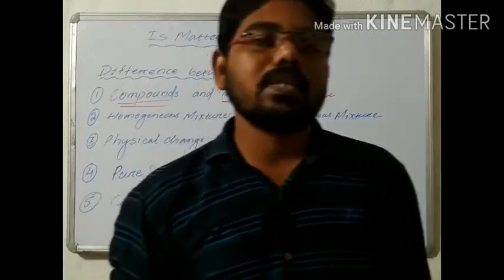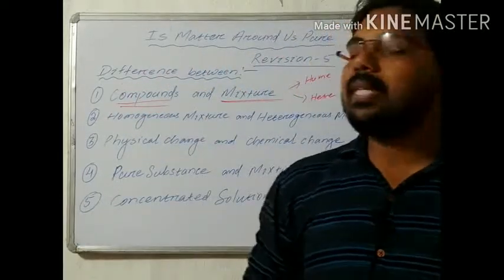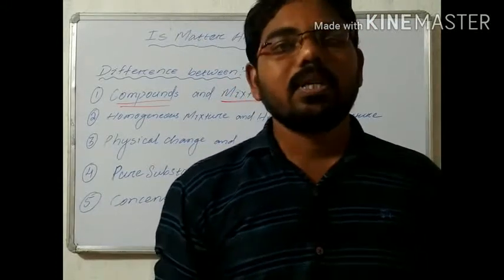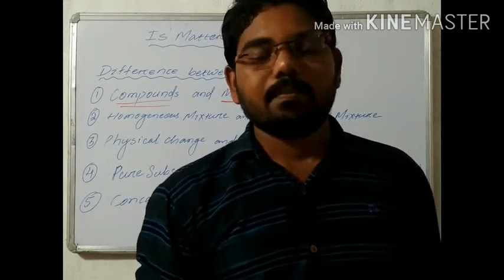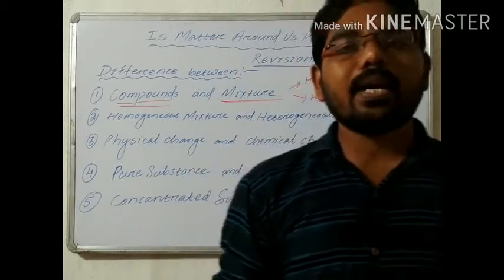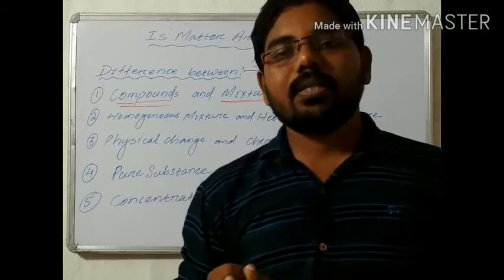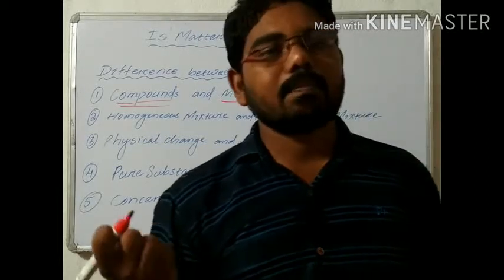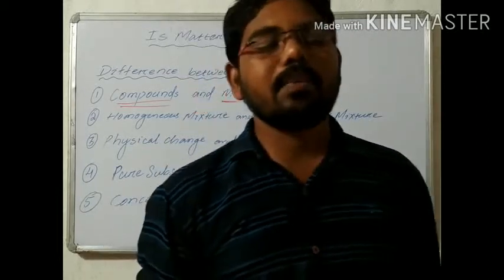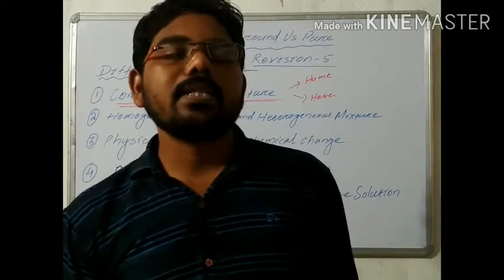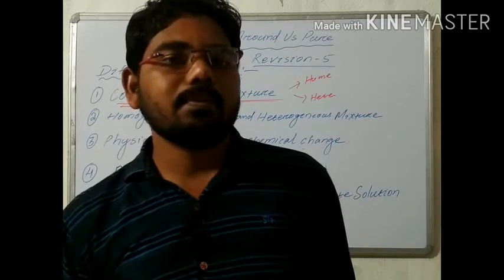When we build a building, we mix cement, sand and stone, and that also forms a mixture. Air is also a best example of a mixture, because in air, nitrogen, oxygen and many gases are mixed. Alloys are also examples of mixtures.